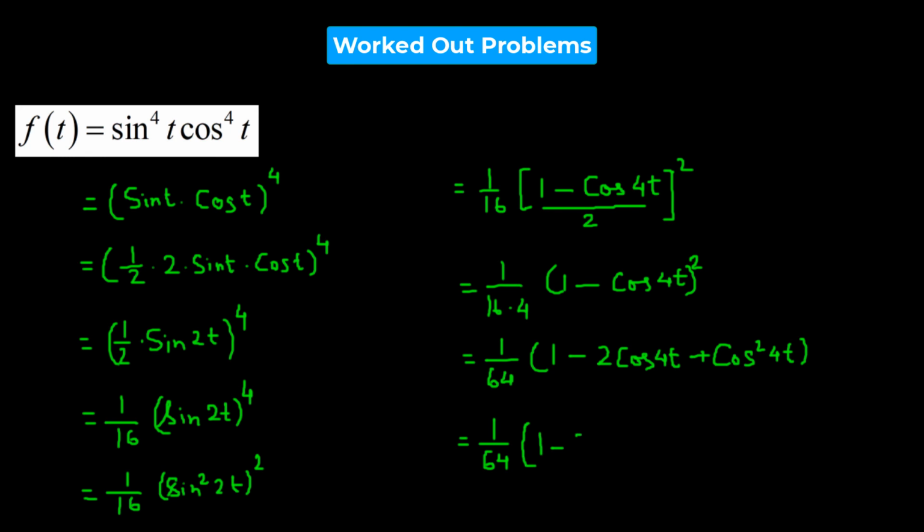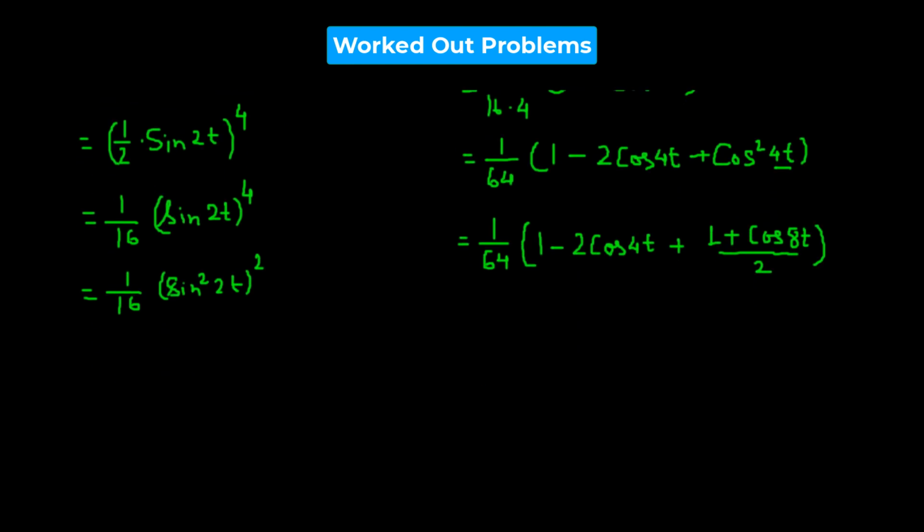Now we can again change cosine squared 4t, so we have 1 over 64 multiplied by 1 minus 2 times cosine of 4t. So the first two terms remain unchanged. This third term will become 1 plus cosine of 2 times 4t, so that will be 8t, whole divided by 2. So we get 1 over 64 times 2, so that will be 128, multiplied by 2 minus 4 times cosine of 4t plus 1 plus cosine of 8t.